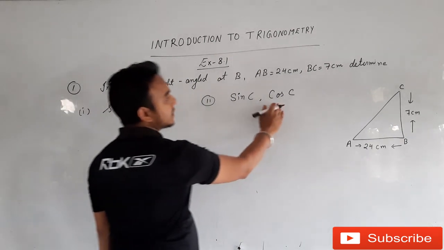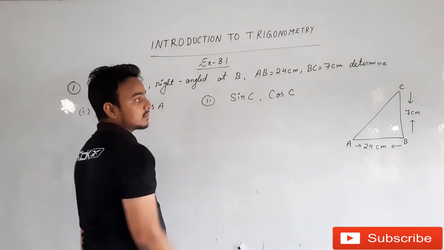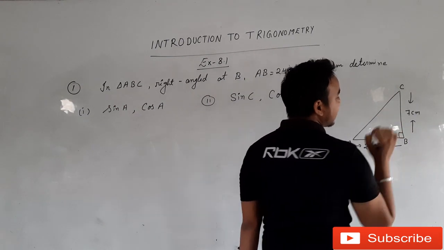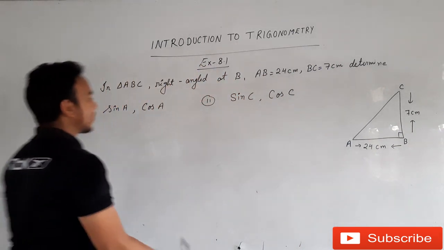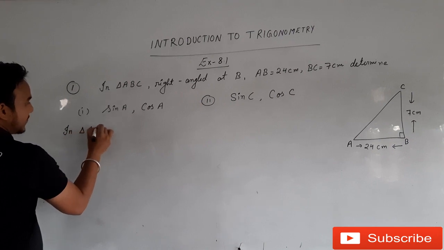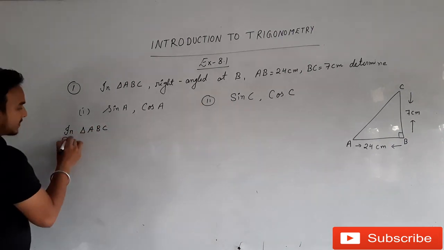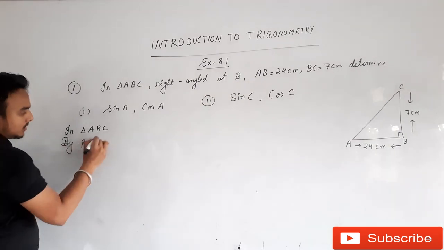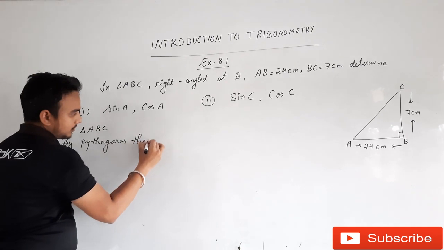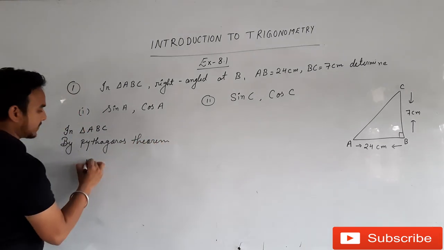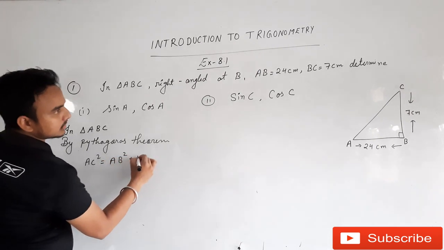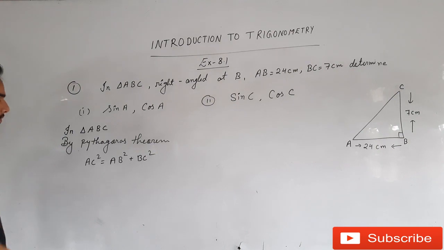sin A, sin C एंड cos C. अगर मुझे इसको डिटरमाइन करना है तो सबसे पहले मुझे ये हाइपोटेनस निकालना पड़ेगा। यहाँ राइट एंगल एट B दिया हुआ है, हाइपोटेनस कैलकुलेट करना पड़ेगा। तो मैं कैलकुलेट करने जा रहा हूँ इन ट्राइंगल ABC बाय पाइथागोरस थ्योरम, we can say AC square is equal to AB square plus BC square.